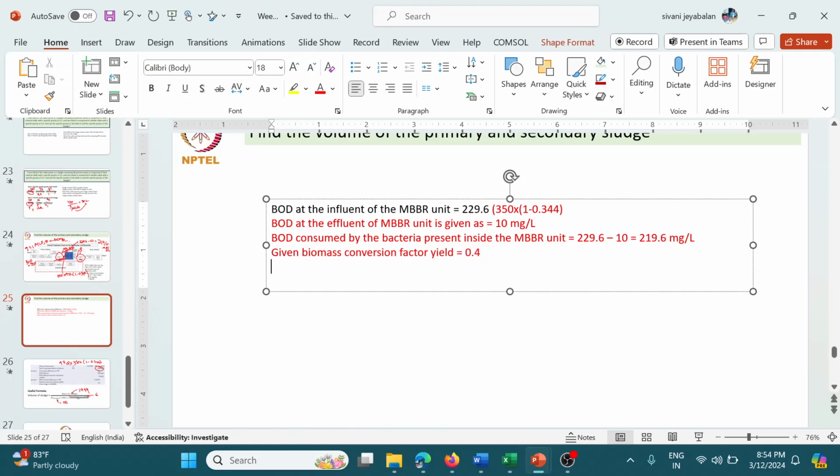But here 219.6 mg per liter is given to the bacteria. So the biomass produced will be the sludge produced. So the biomass or the sludge produced will be equal to 0.4 times 219.6 mg per liter.